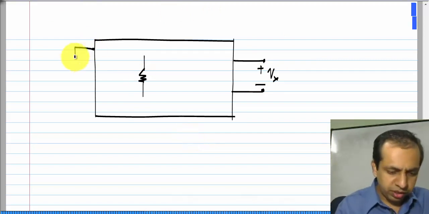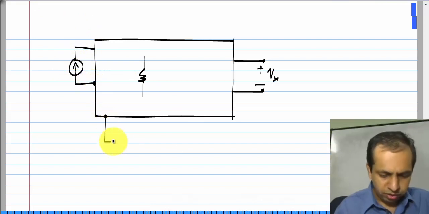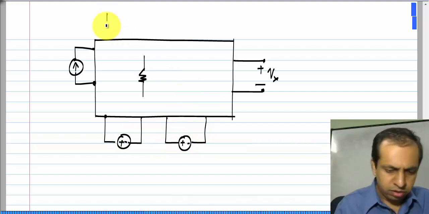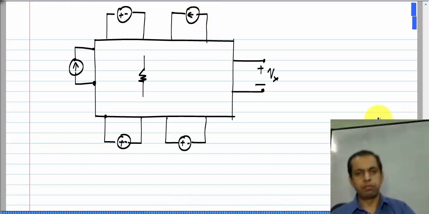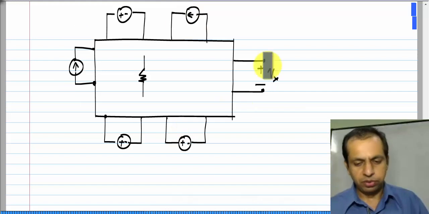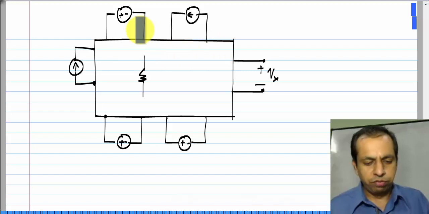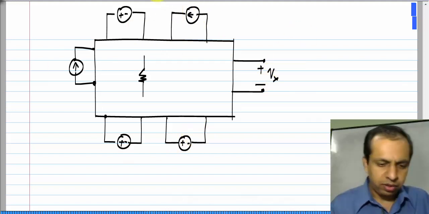Let us say we have a number of sources connected, both current sources and voltage sources. Let us say this is the circuit, we have multiple sources and we have this output. Okay. Now, you are required to find out the contribution of all of these things to the output.